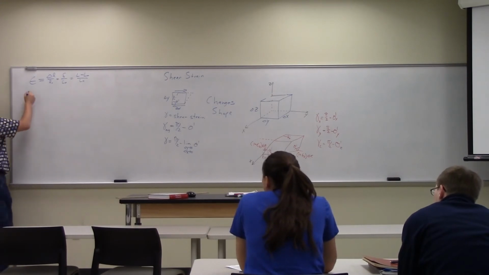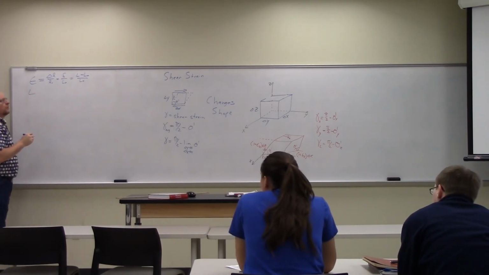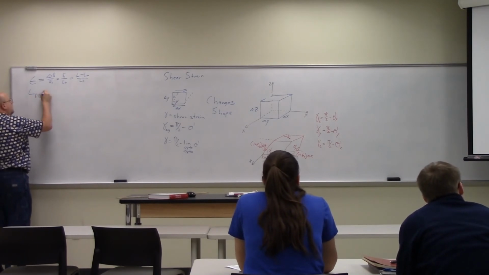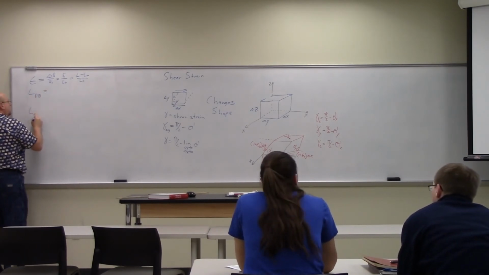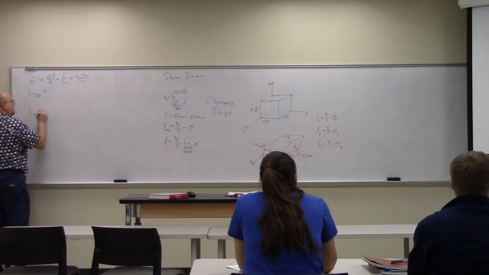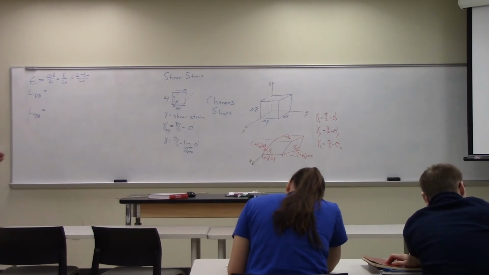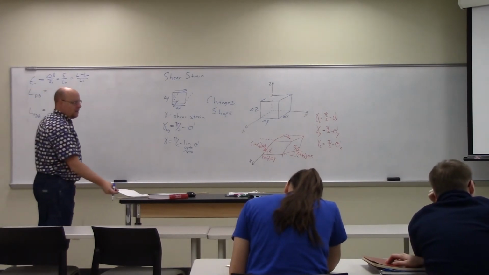So then we only have to find L for, which one are we doing first, dB? dB. And we have to find L naught for dB. So how do we find L and L naught?